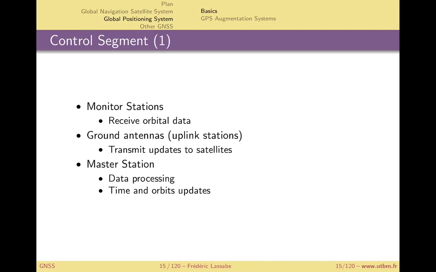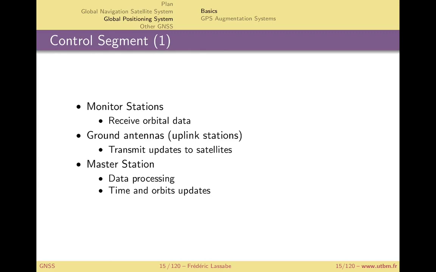The control segment is a segment which is completely hidden from us because it's the internal operations of the system. It's composed of monitoring stations which receive orbital data. Actually, they track the satellites which are in orbit and they measure their deviation compared to the models in the system.